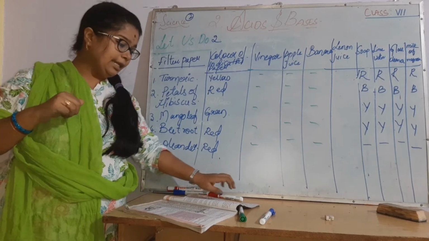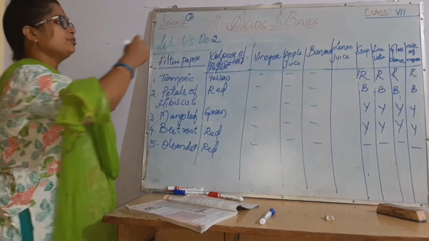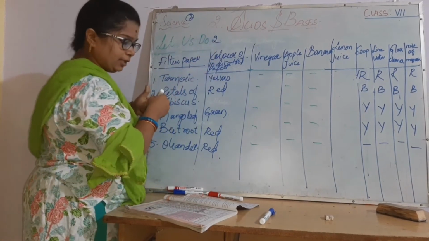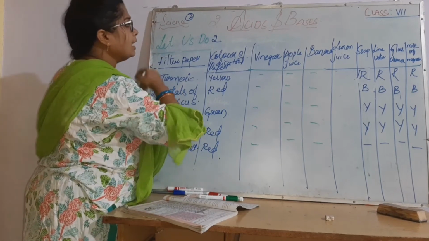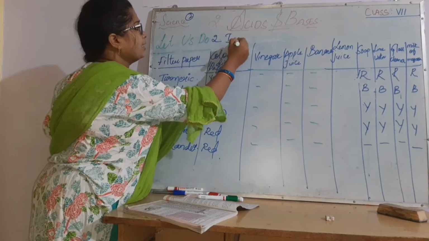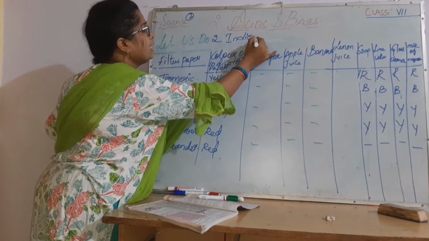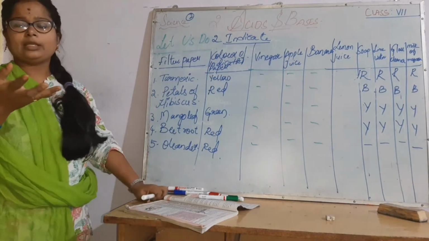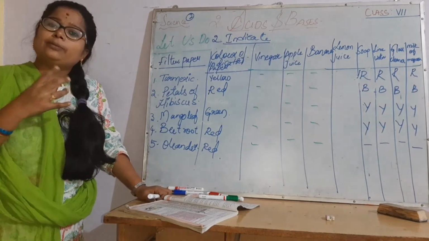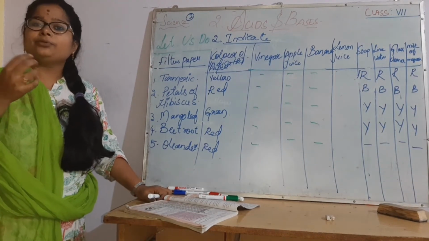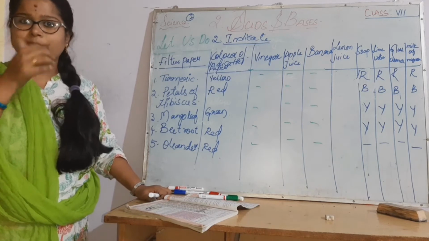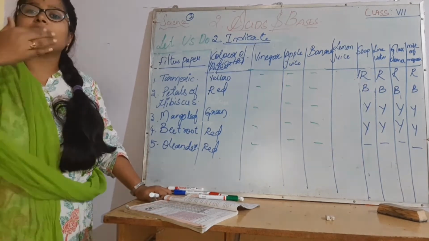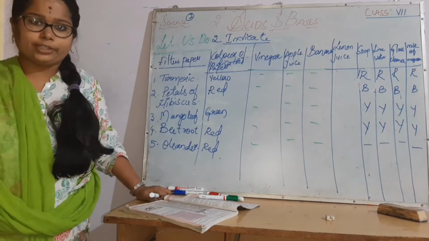What does indicator mean? Indicate means you are supposed to show. When you are traveling on a bike or a car, you switch on the indicator when you turn, which shows the other person that you are taking a turn.